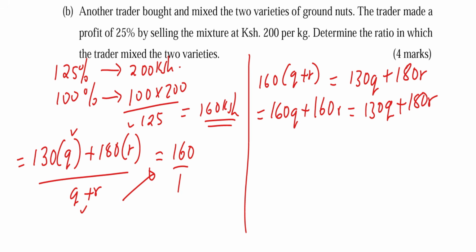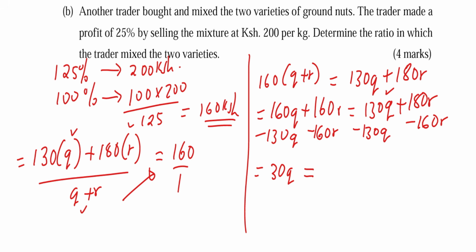The next thing, let's subtract 130Q here, minus 130Q. Here it gives you 30Q. Then I take 160R to the other side, minus 160R on both sides. Obviously 160R minus 160R goes, then you put the equal sign, and this one also goes. 180R minus 160R gives you 20R.